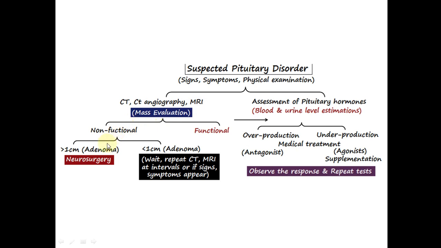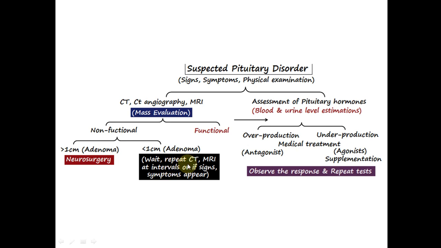see that if the adenoma is more than 1 centimeter in diameter, then the treatment is surgical removal. If the adenoma is non-functional and less than 1 centimeter in diameter, or if it is a microadenoma, then we wait and observe the patient.